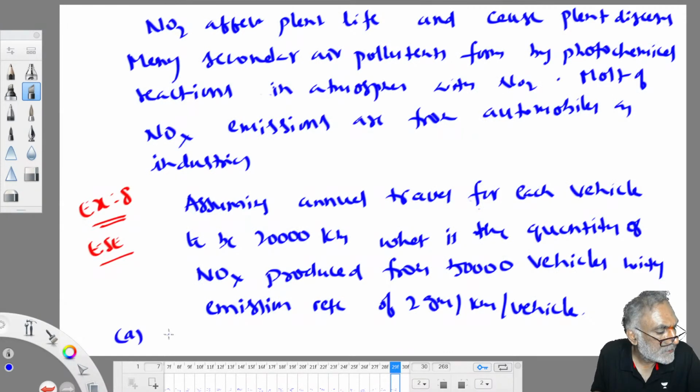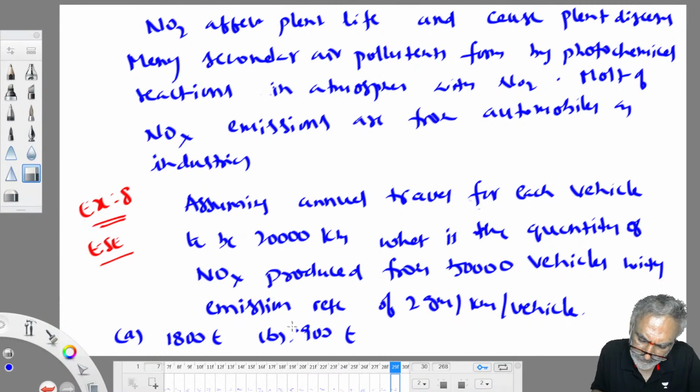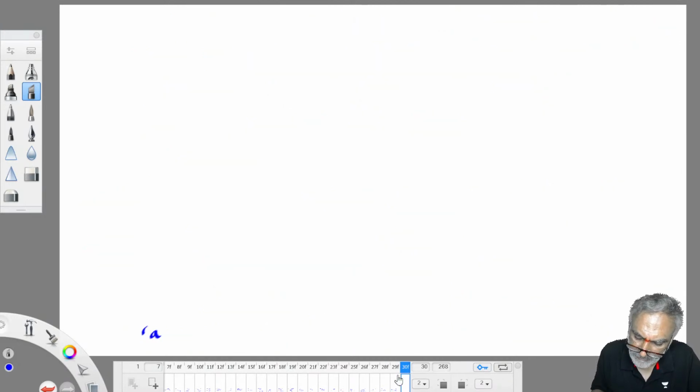A 1800 tons, B 1900 tons, C 2000 tons, D 2100 tons. And how to find out?